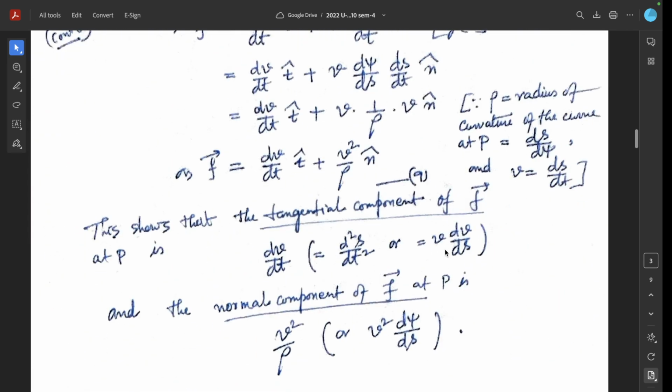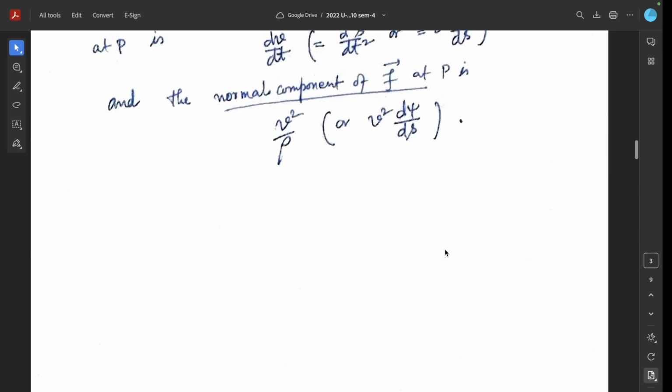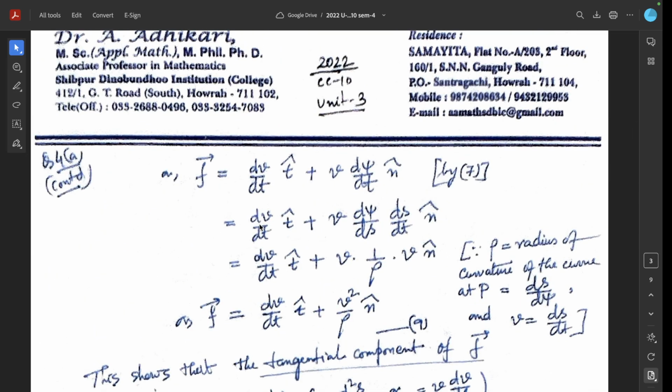So from 7 we get this, the derivative of v t cap plus v into 1 by rho, where rho is the radius of curvature of the curve at the point P. So actually this is equal to d psi by ds, and v is the derivative of s. So put these values, 1 by rho into v into n cap.